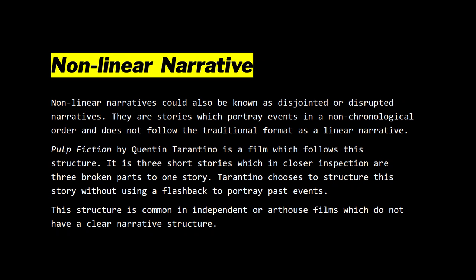So Pulp Fiction by Quentin Tarantino is a film which follows this structure, and it's basically three short stories which, with close inspection, are broken up into three parts in one story. So he chooses to structure his stories like this, Tarantino.